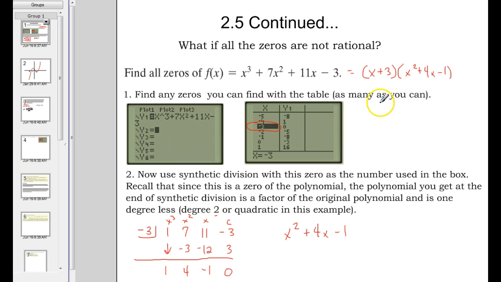Or we can get it to factor further, it's just not going to be with rational values. Not going to have any rational numbers in it. So what we have to do to solve this, to find all the zeros, which we're told to do, since this is quadratic, we'll have to use the quadratic formula from this point on.